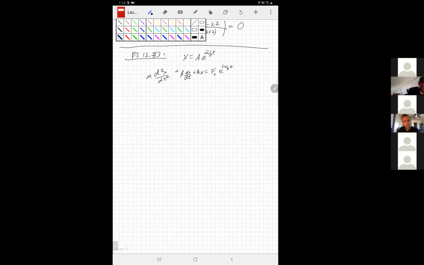And each time you take a derivative, you're just going to get a factor of i omega. So we're going to get minus m omega squared plus i omega beta plus k, all times A e to the i omega_d t, equals F naught e to the i omega_d t.